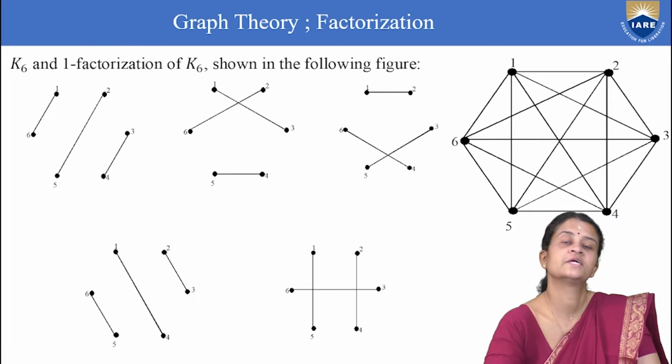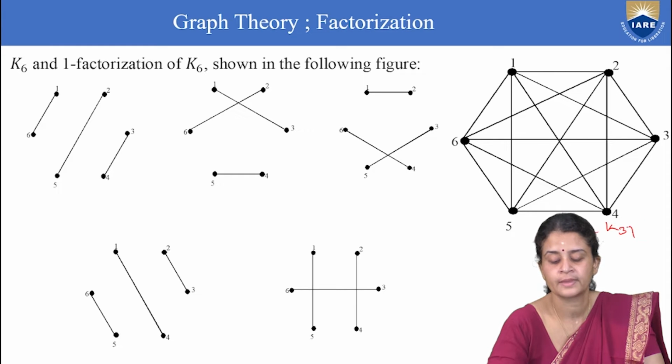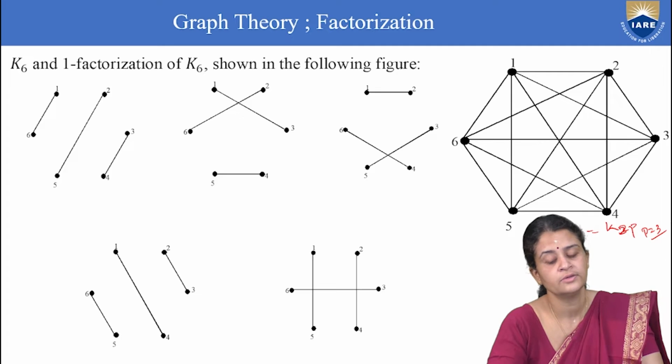Now K6 is shown here. That is equal to K2p where p equals 3, right?